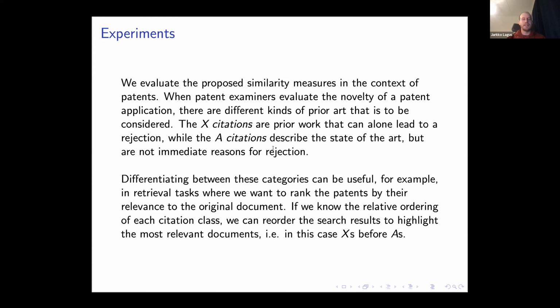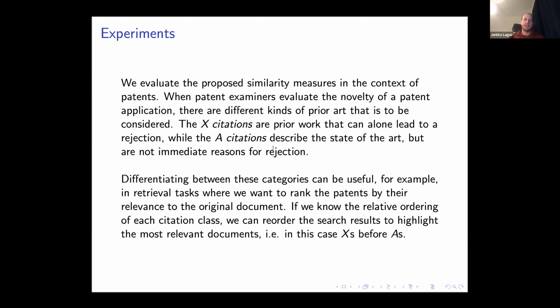If the patent examiner says that this is an X citation, it will be an immediate reason to reject the patent. A citations are then a bit less strong evidence against the patent, so it is similar to the patent application, but it's not enough for the immediate rejection.